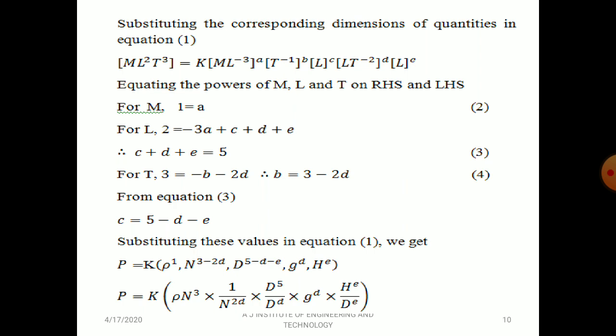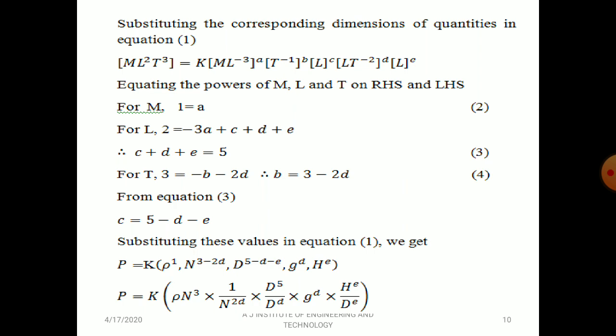So next, simplification. P equal to k into rho n cube, taking rho out, and n cube from n to the power 3 minus 2d, into 1 divided by n to the power 2d. So we have n to the power minus 2d; minus 2d goes to the denominator and becomes n to the power 2d, a positive value.